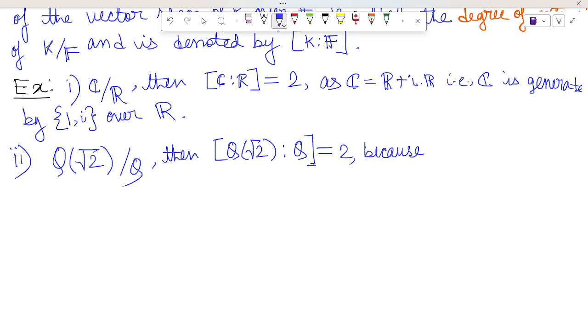The reason behind this I am writing here. Take any element x belonging to Q(root 2).